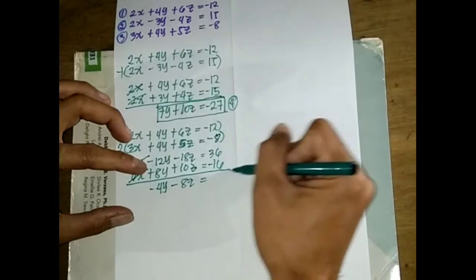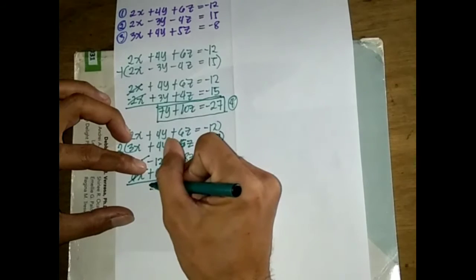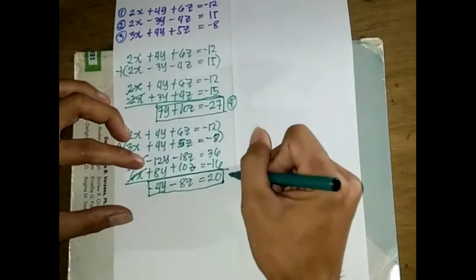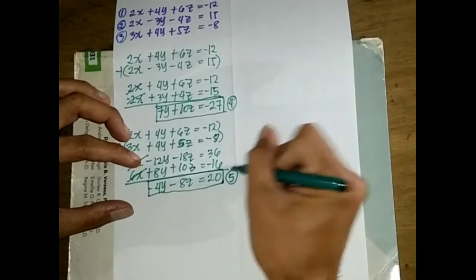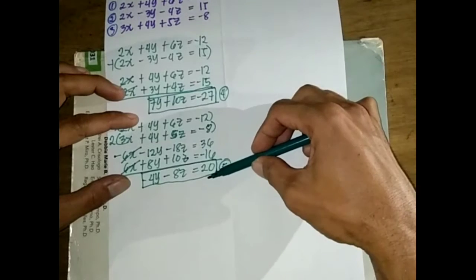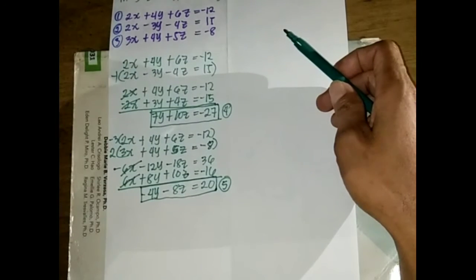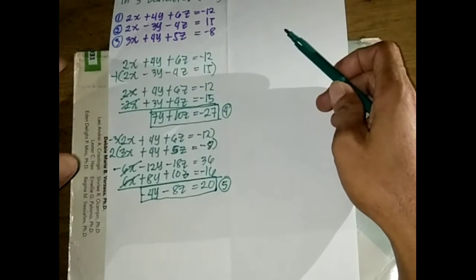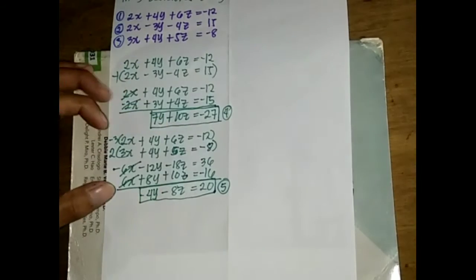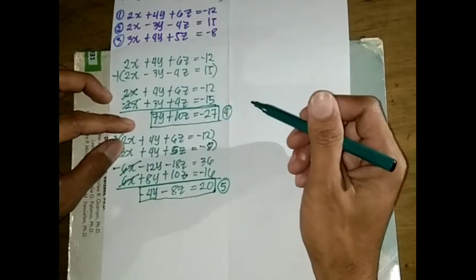Then 36 minus 16 is equal to 20. Then the result would be the fifth equation. So mayroon na tayong fourth and fifth equation. So all in all, mayroon tayong 5 equation. So 3 equation yung given, tapos nakabuo tayo ng dalawang equation, which is fourth and fifth equation natin.